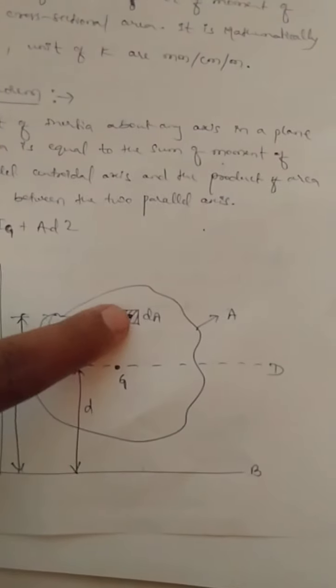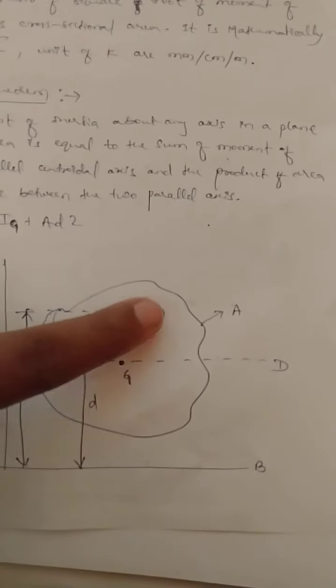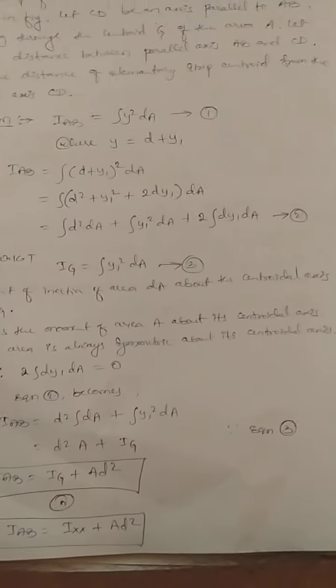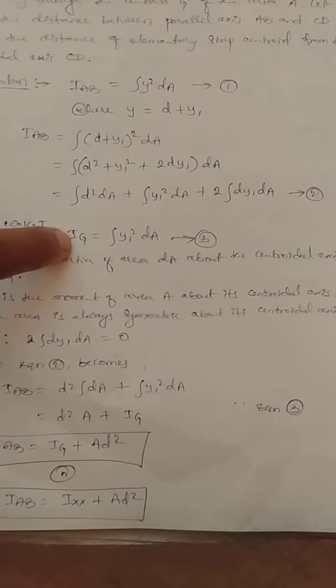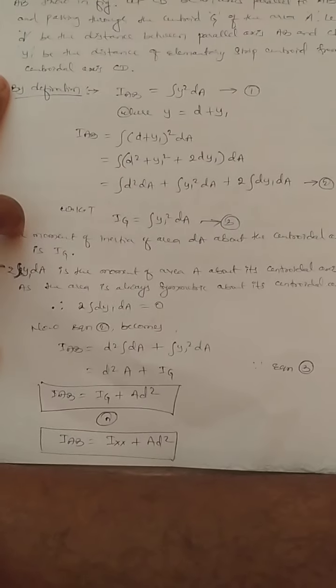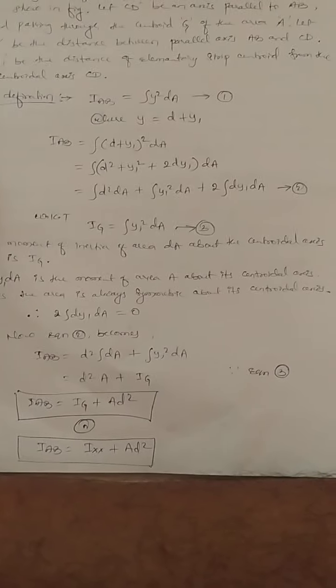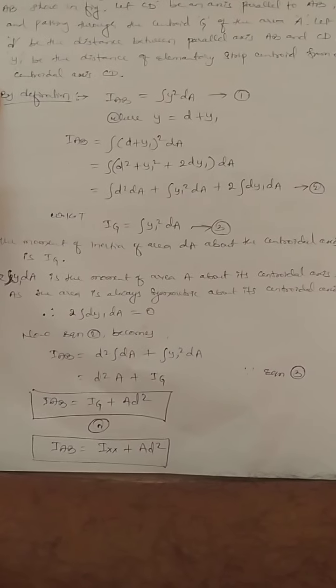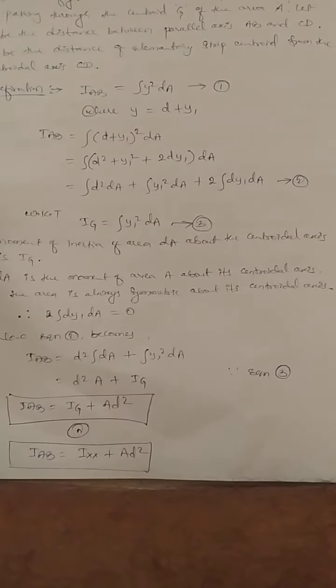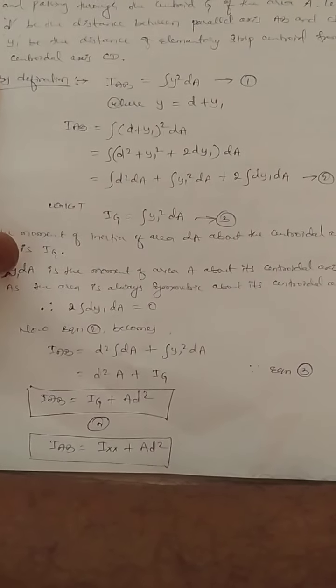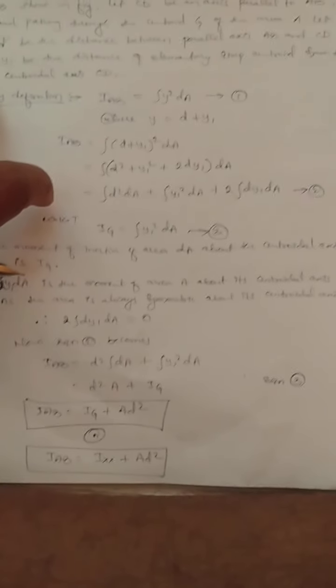So dA into y1 square is the second moment of the elementary strip about the central axis, that is Ig. Here I have written that the moment of inertia of area dA about the central axis is Ig. Now for 2 times integration of d y1 dA, I have written that integration of y1 dA is the moment of area about its central axis.